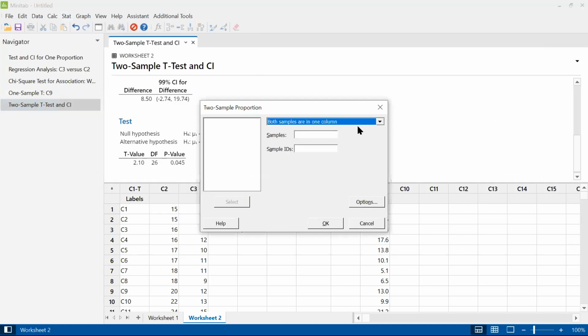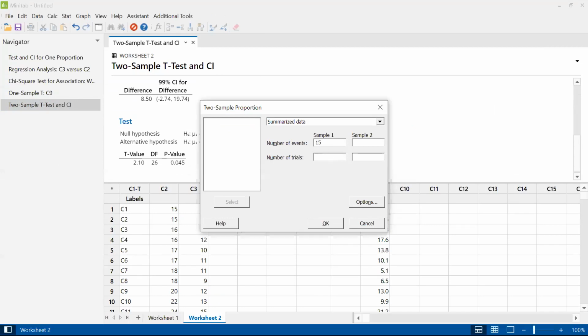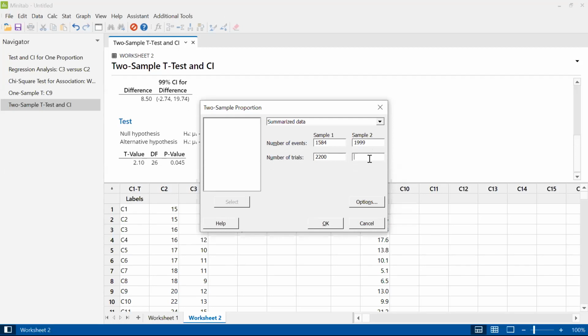So we're looking at 2 proportions. We have summarized data. First group, it was 1584 out of 2,200. And the second group, it was 1999 out of 2,380.